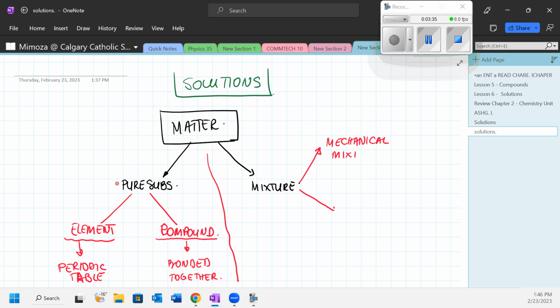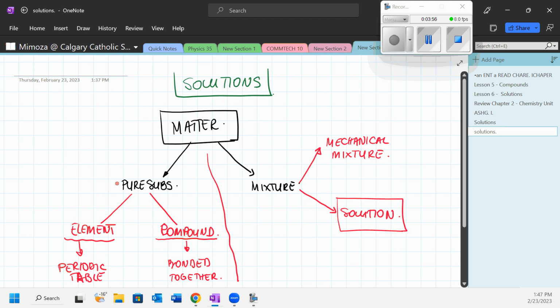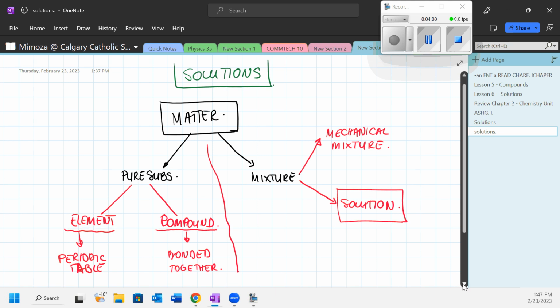And the other one is the solution. Mechanical mixture is not the object of chemistry. However, solution is the focus that we will have for this part of the class.